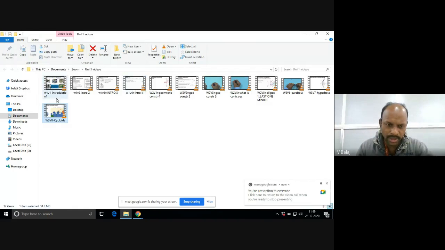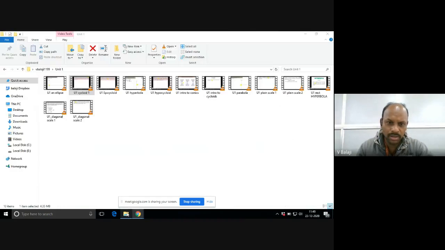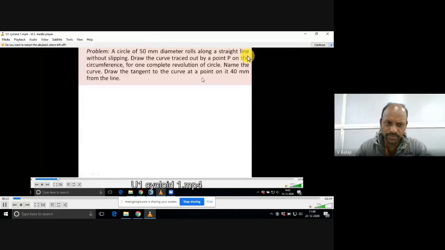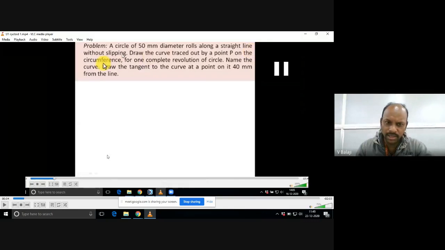So we are in unit number 1, drawing the cycloid. Generally in the exams, you will be given a problem like this: a circle of 50 mm diameter rolls along a straight line without slipping.